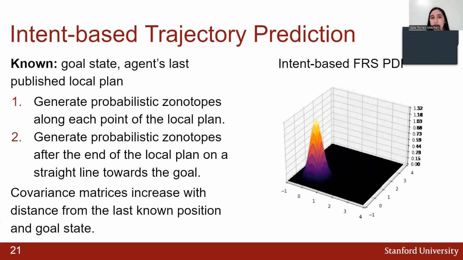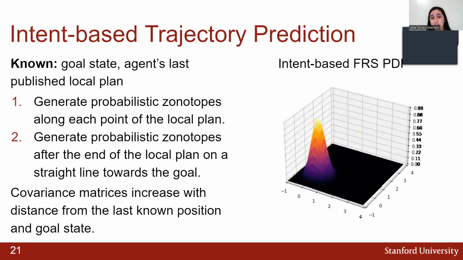Now, the first step is to generate probabilistic zonotopes along each point of the local plan. And this will describe the uncertainty in whether the agent will replan and take a slightly different route from the local plan. Then, as the local plan may not reach all the way to the end goal, we generate a straight line from the end of the local plan to the goal and generate probabilistic zonotopes along that as well.